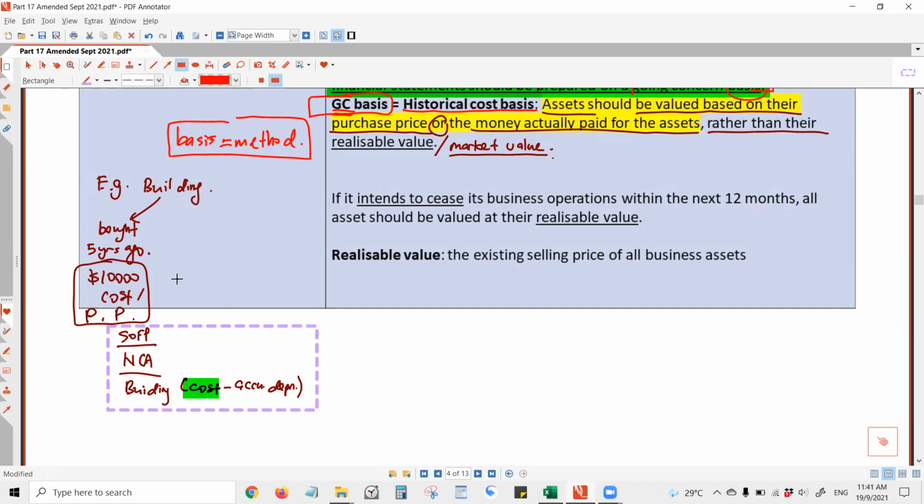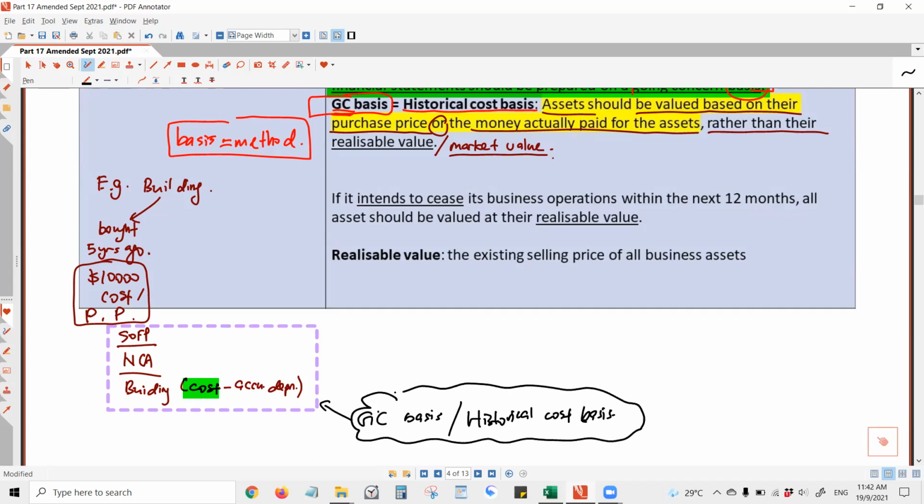So this is known as going concern basis, an example. Or you call it historical cost basis, because we always make use of the cost in the SOFP.